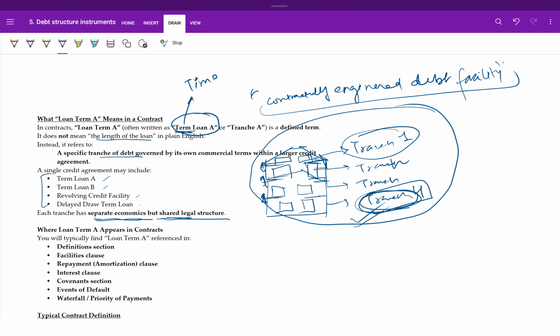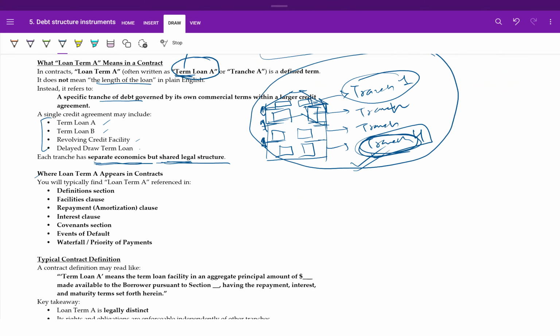Now let's talk about where loan term A appears in a contract. When you read a real credit agreement, you will see loan term A referenced repeatedly: in the definition, where it's legally created; in the facilities clauses, where lenders commit capital; in the repayment amortization clause, which covers the cash flow obligations, how the borrower repays the lender; in the interest clauses, which determine pricing; in the covenant section, which governs the behavior of the borrower; in the events of default, which define failure; and in the waterfall, the priority of payments, which governs the downside outcomes.